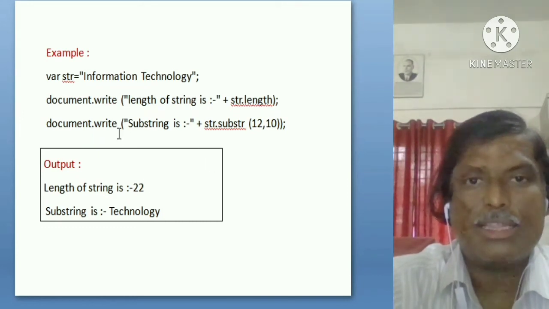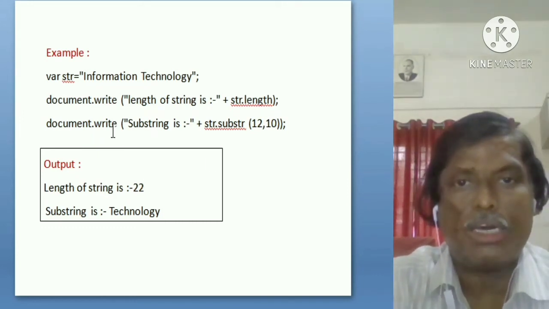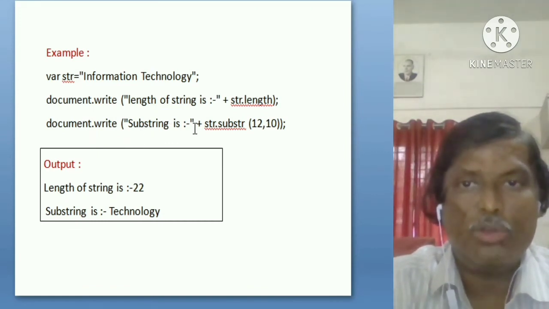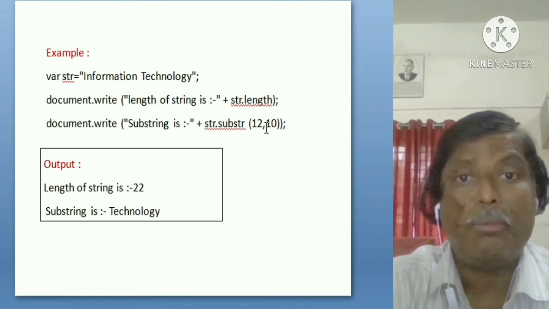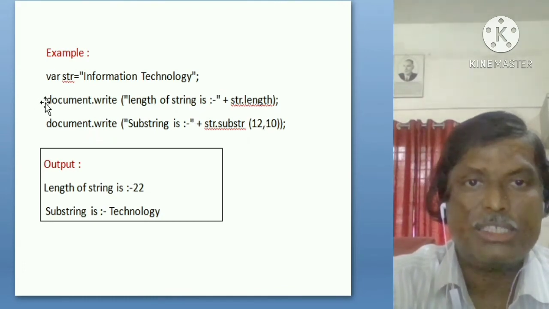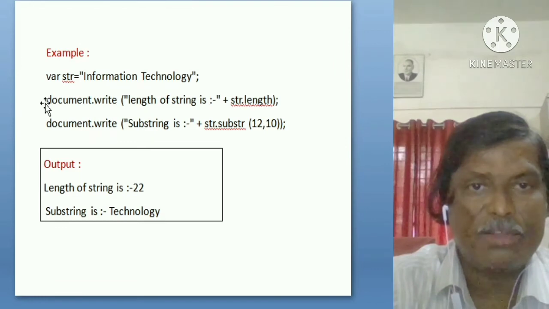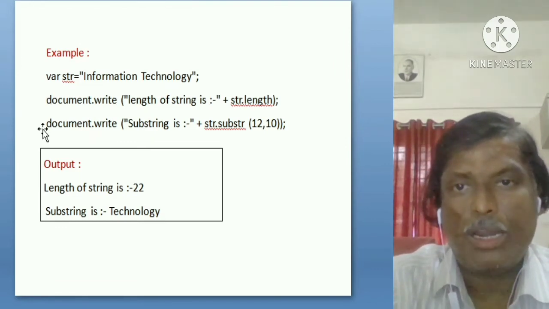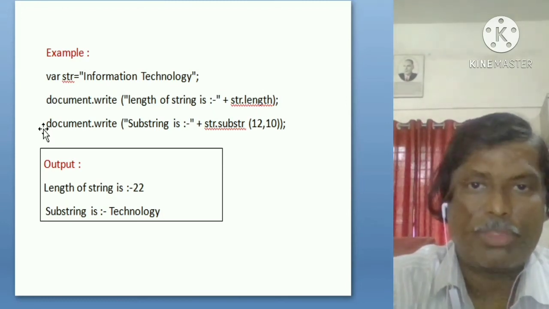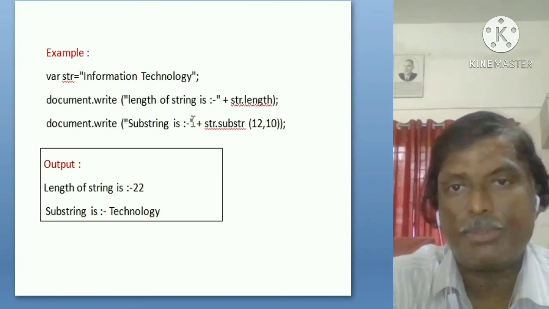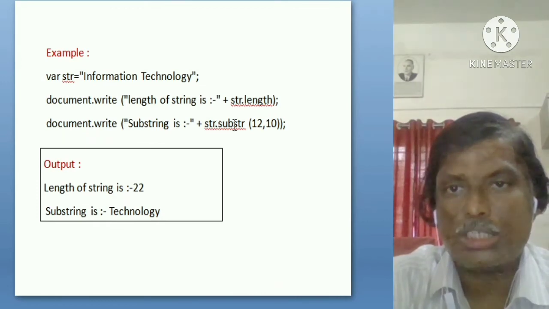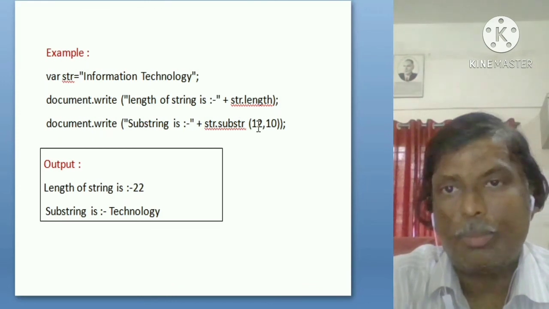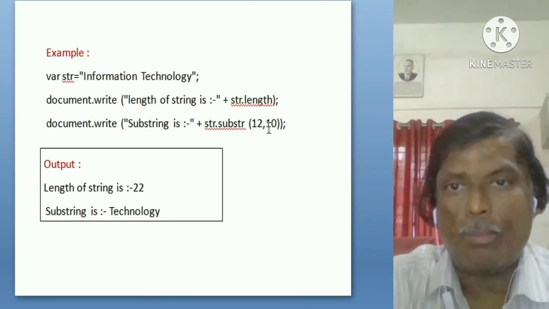Then the next example, document.write substring is. Here you will see that substring is the method. The first example is the example of a property of string, and the second example is the example of a method of string. So see here, document.write substring plus str.substr, and in the brackets 12 comma 10.